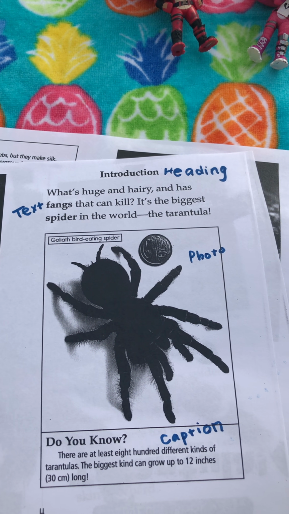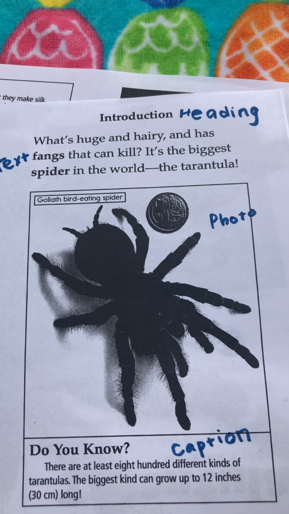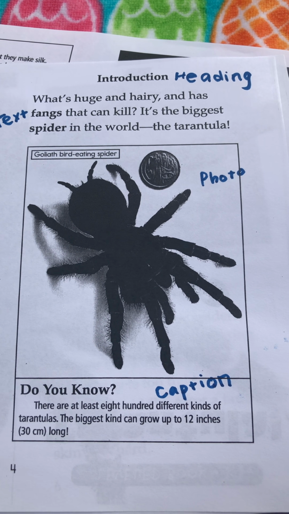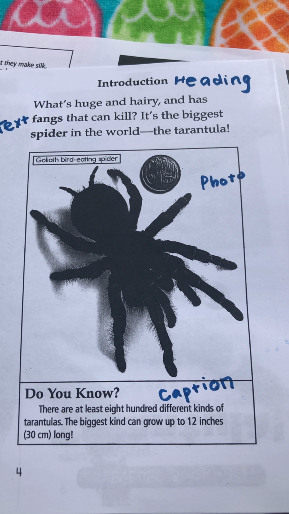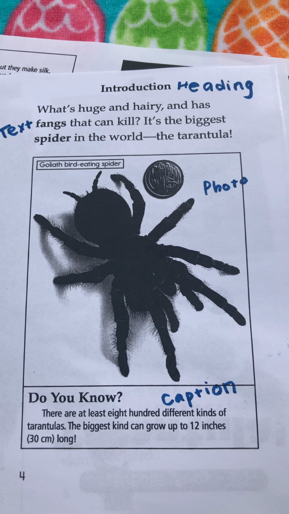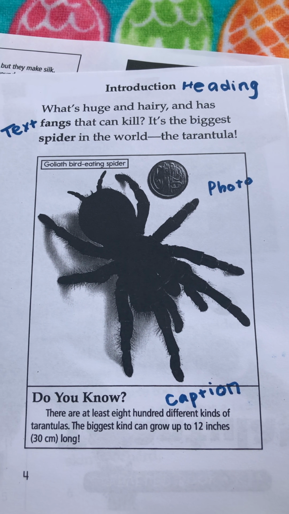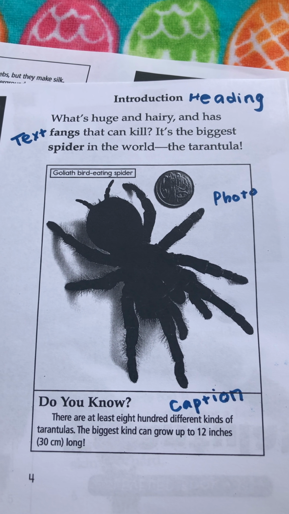Well, now I'm going to look at the photo. And last, I'll read this caption down below. There are at least 800 kinds of tarantulas. The biggest kind can grow up to 12 inches or 30 centimeters long. Wow, that's huge.